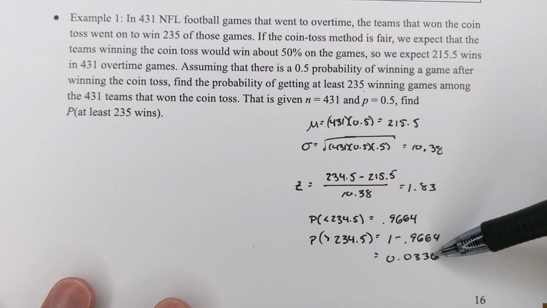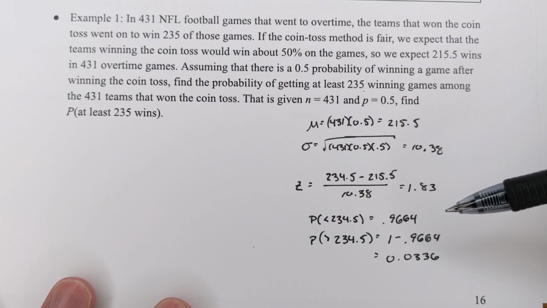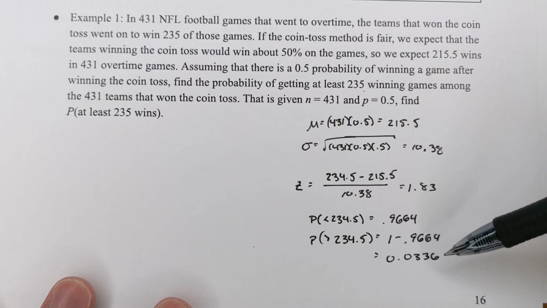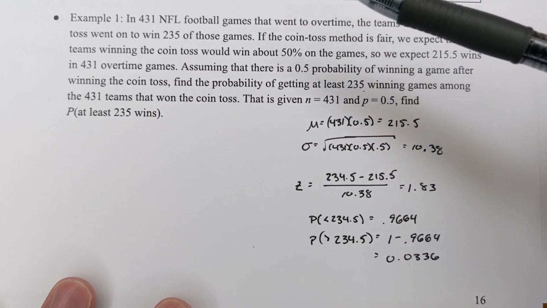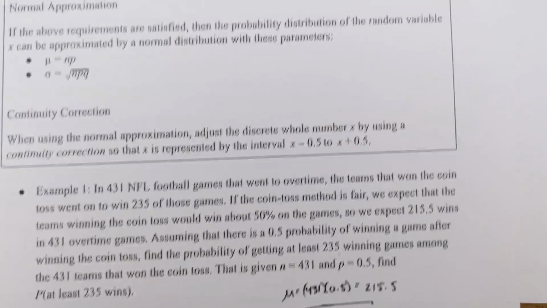Since this probability is so low, our assumption is wrong. The coin toss is not a fair method of running the overtime because this probability is so low. It's very unlikely that assuming the coin toss is a fair method, we would get 235 wins.